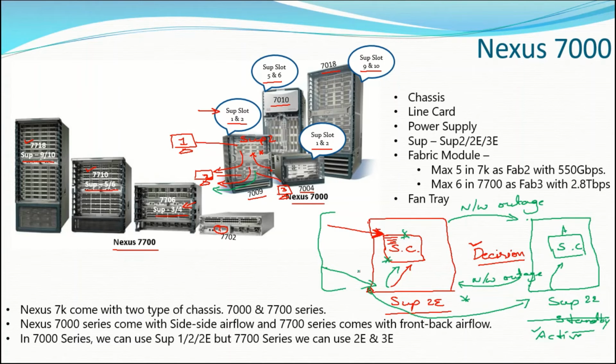They stopped this kind of architecture on the 7000 series and the Nexus 9000 series. They brought a different concept: a chassis where some of the slots are reserved for the supervisor engine. We are not going to consider that these will be connected to your line cards.